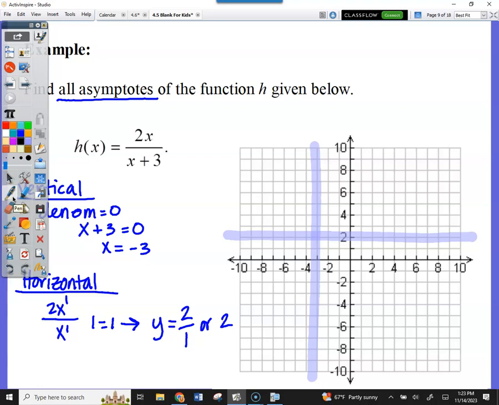I plug 0 in. That's 0 over 3, which is 0. So there's definitely a curve here. And then for -5, that'd be -10 over -2, which is positive, so it's up here.